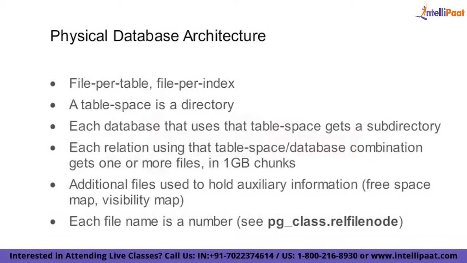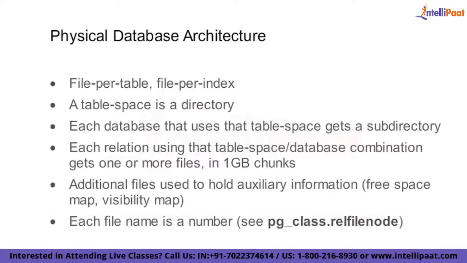Once the file crosses 1 GB, it creates one more file. So each file's maximum size will be 1 GB. Once that reaches 1 GB, it creates one more chunk, and when that reaches 1 GB, again it creates one more file.